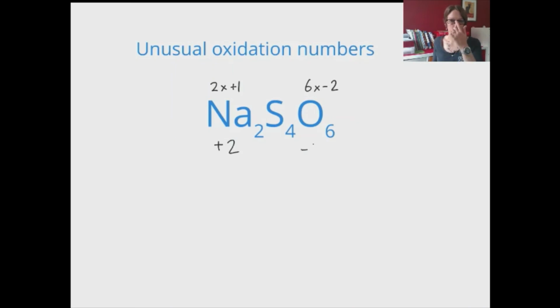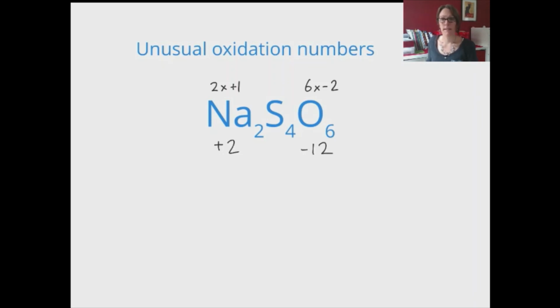So if we look at this unusual little formula, this wouldn't be used much except for maybe in a multiple choice question, just to try and work out the oxidation states. So sodium is fixed, +1, so the total from the sodium is +2.